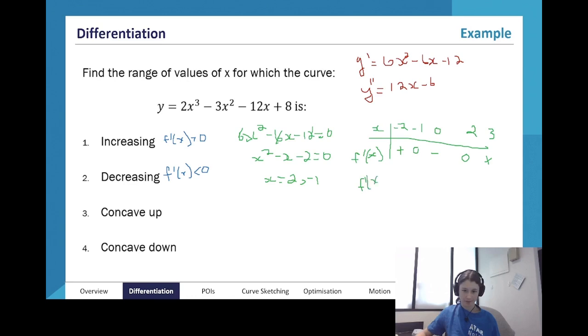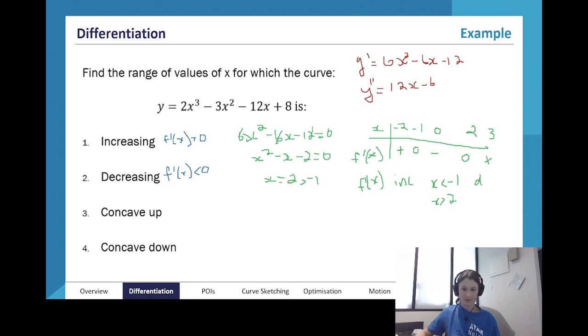Function of x is going to be increasing for the interval when x is less than negative 1 and when x is greater than 2.